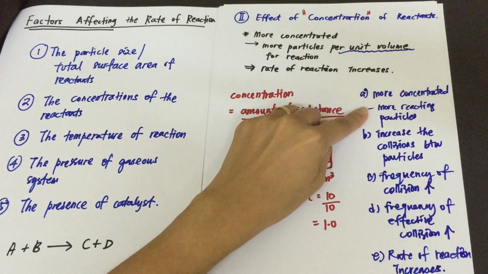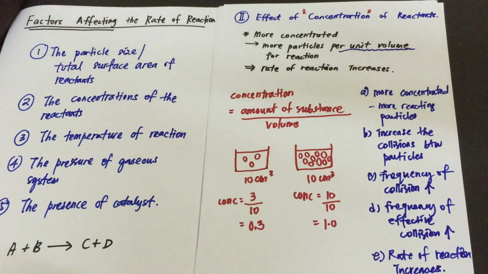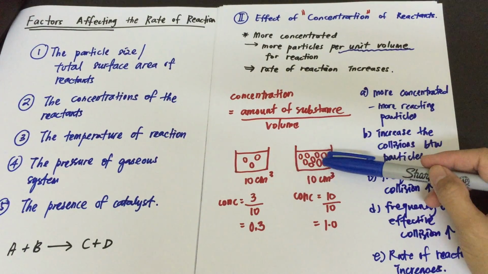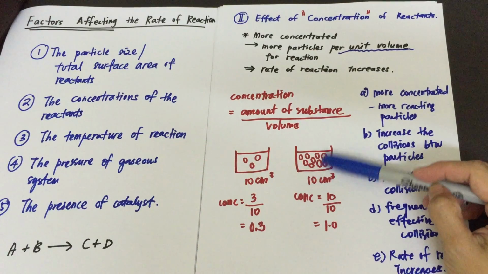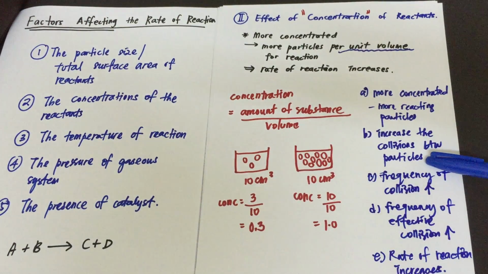When we have a more concentrated reactant solution compared to a less concentrated one, that means the more concentrated solution contains more reacting particles. When they have more reacting particles, the particles will collide more easily with each other, and hence it increases the collisions between the particles.